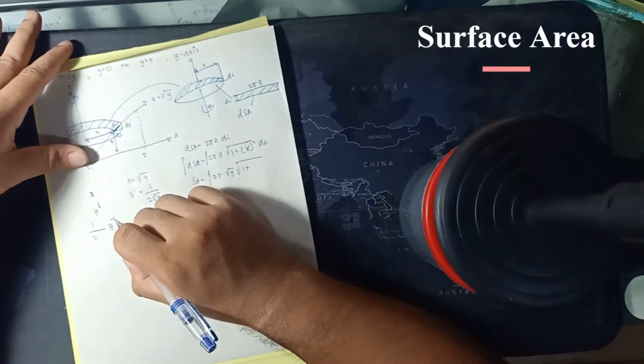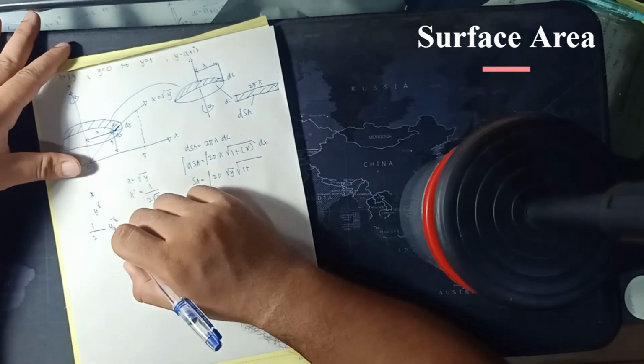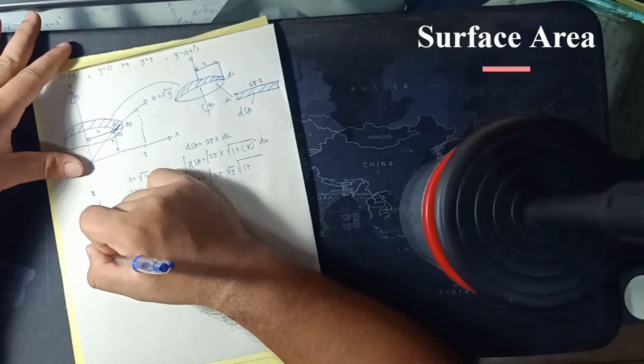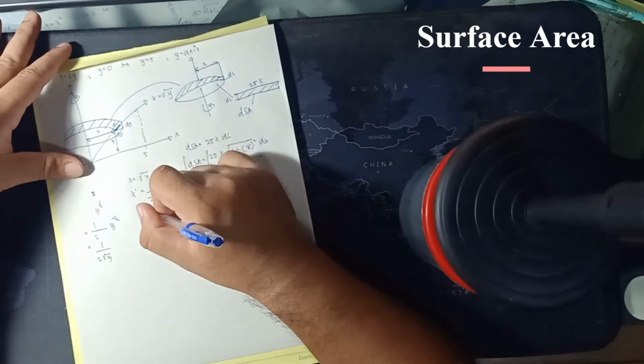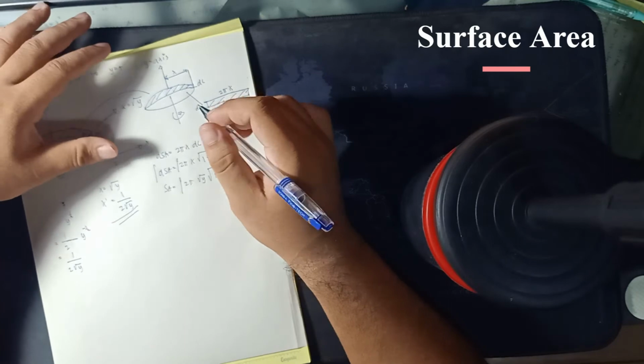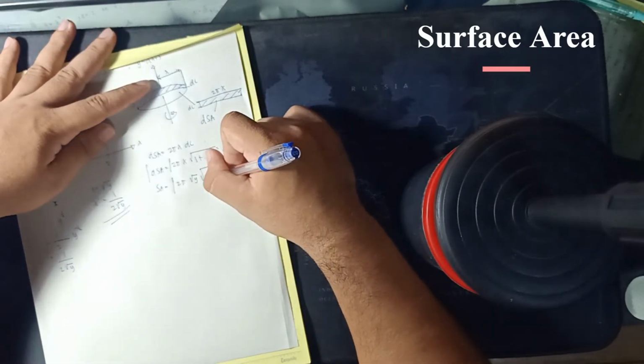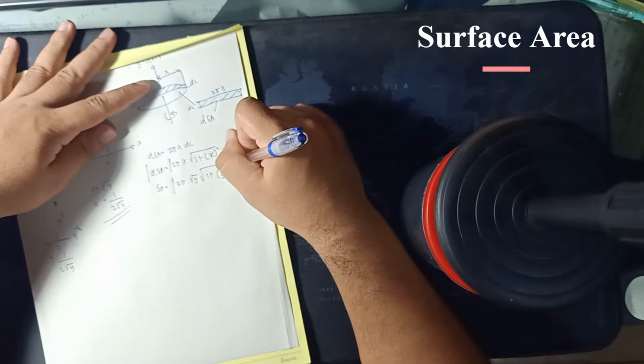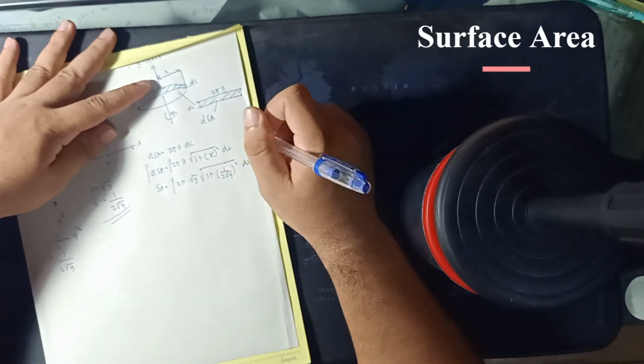Putting y in the denominator, that is 1 over 2 square root of y. So this is your x prime, and that is 1 over 2 square root of y, squared.